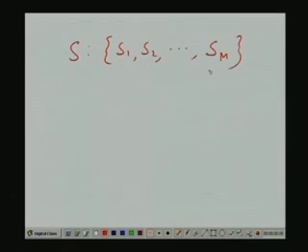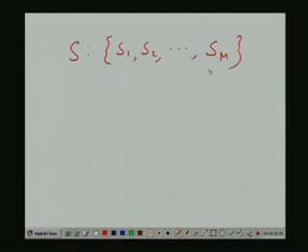Suppose S stands for the set of all possible outcomes, and outcomes are like this: S1, S2, dot dot dot, S m. There are m outcomes.